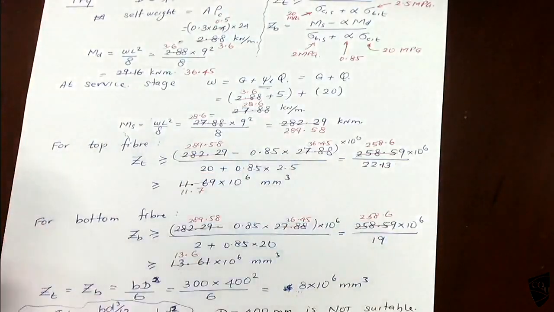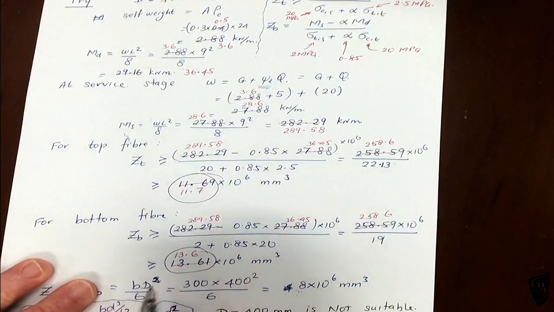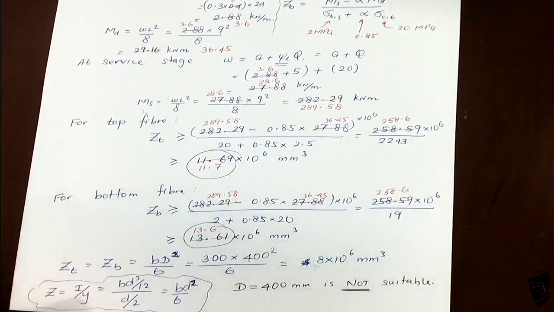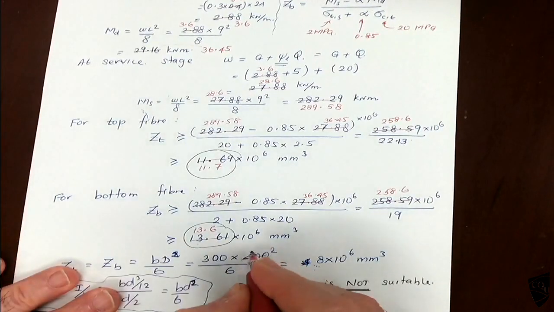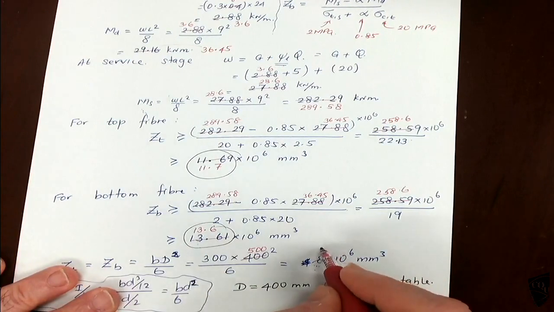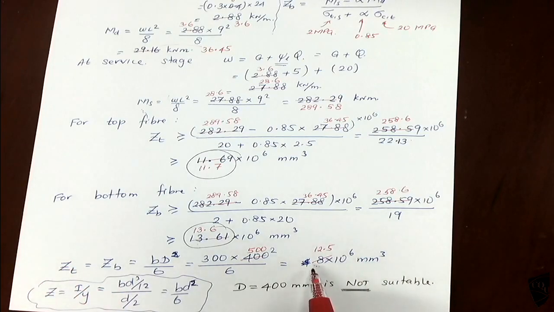You can see the requirement doesn't change. But what will happen here? This becomes 12.5. So you can see this increased from 8 to 12 point something, quite a large increase.